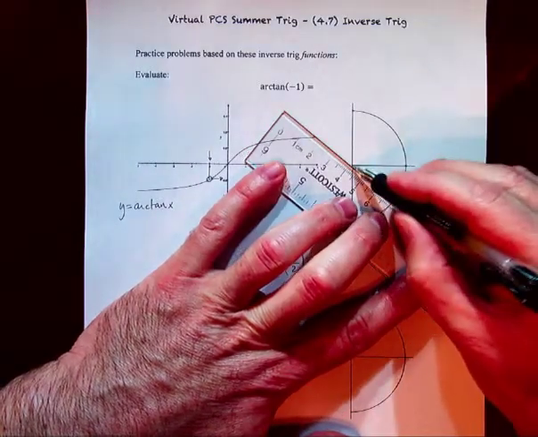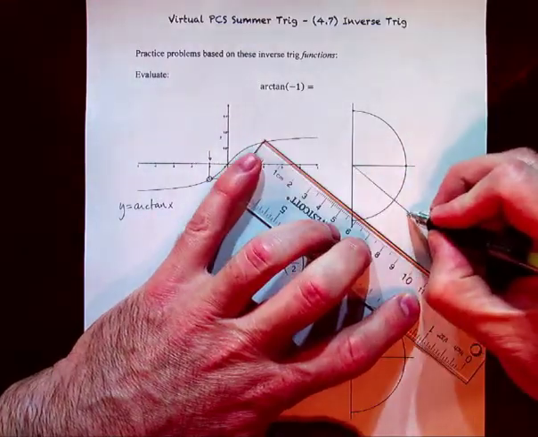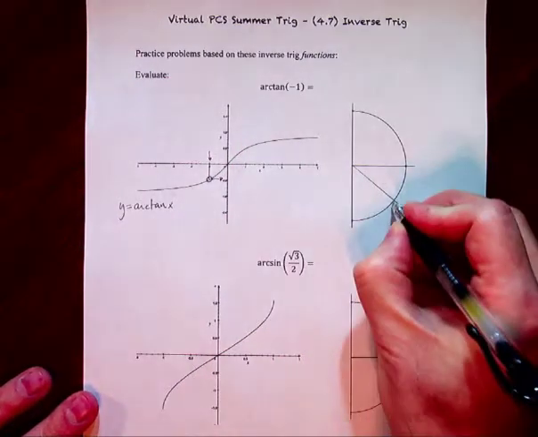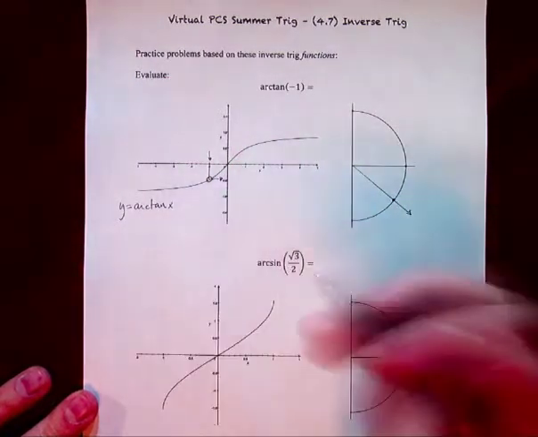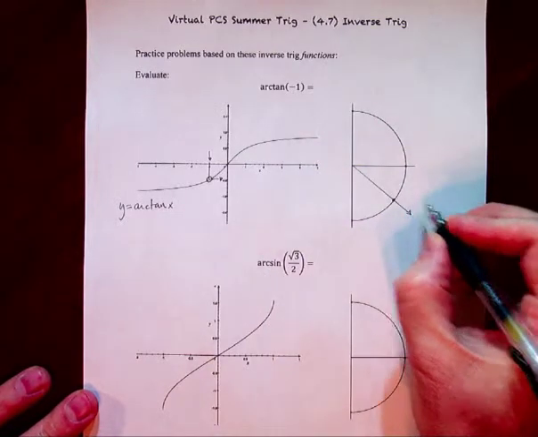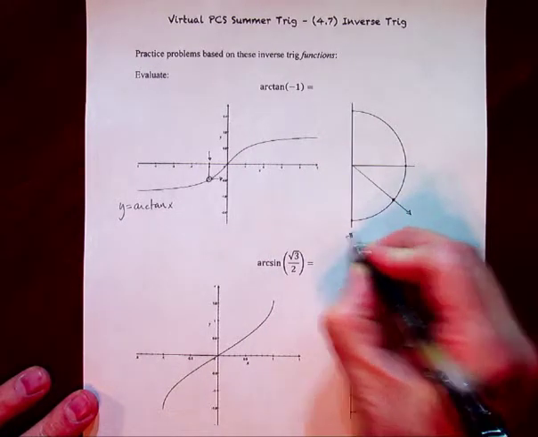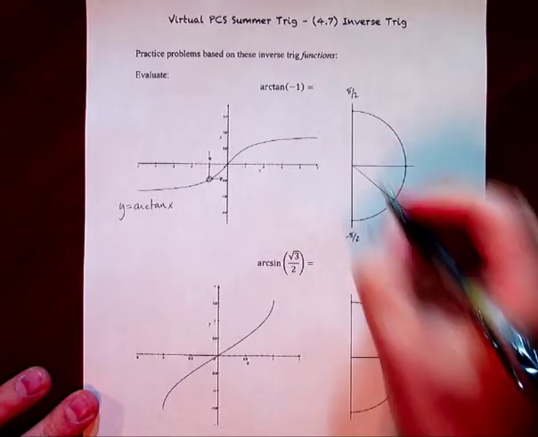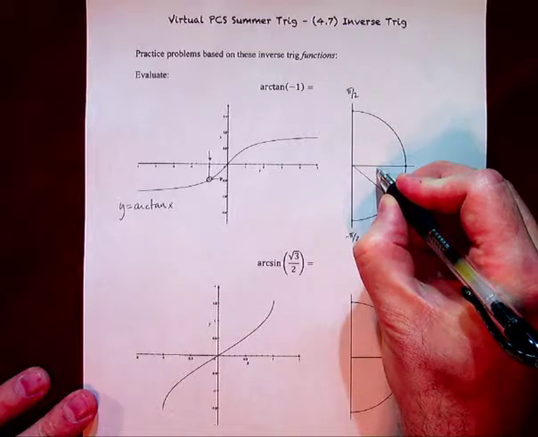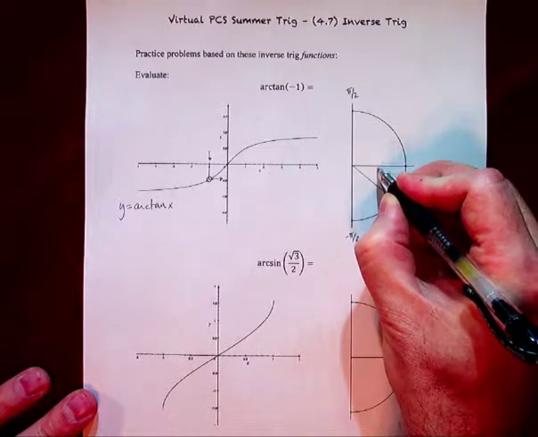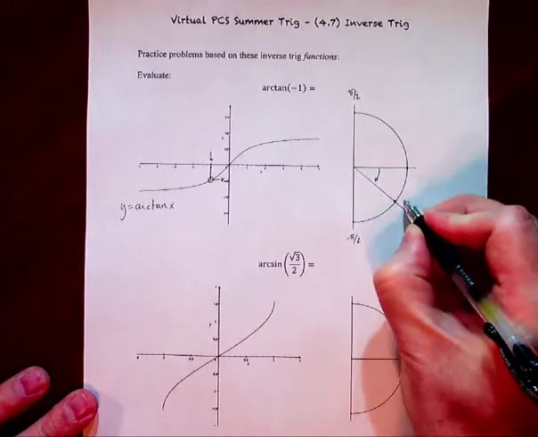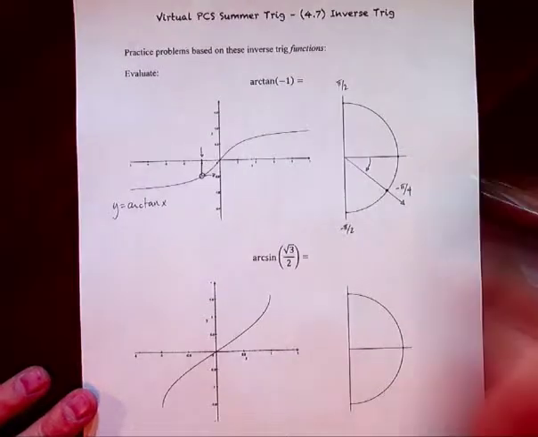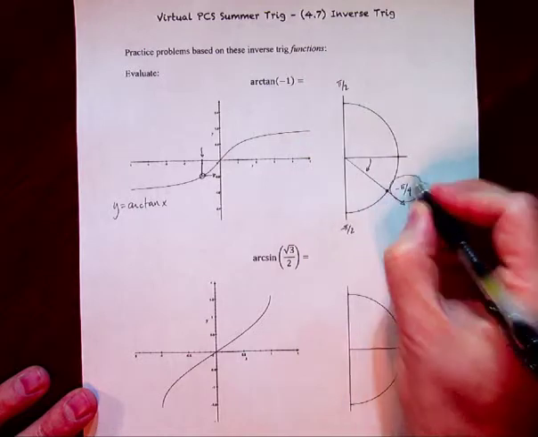But remember that we have a very specified domain and range. The domain on arctan is -infinity to infinity, but the range is -pi over 2 all the way up to pi over 2. And so we're not dealing with 7 pi over 4 right here. We are dealing with -pi over 4. Okay? And that is basically our answer.